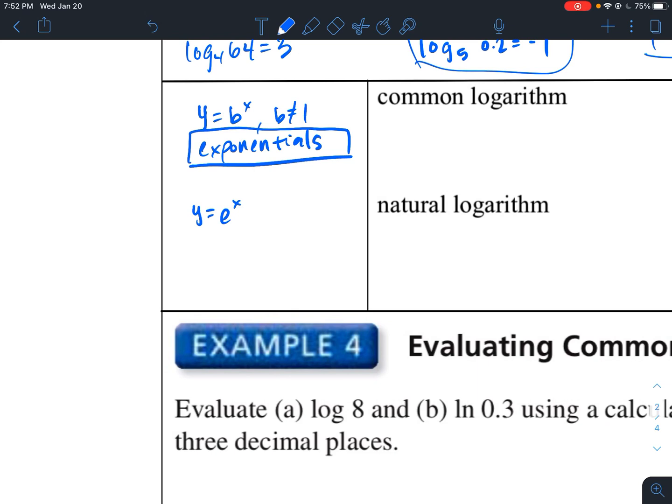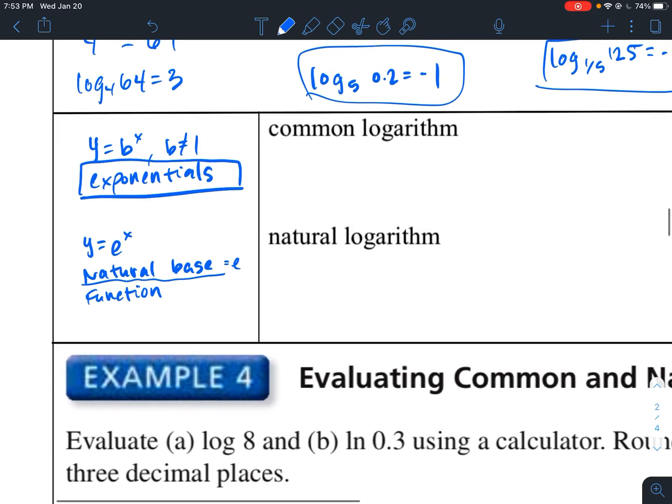This is an exponential function, however it's a special type of exponential, and this was a natural base function. Still an exponential function, but with natural base, the base being e.